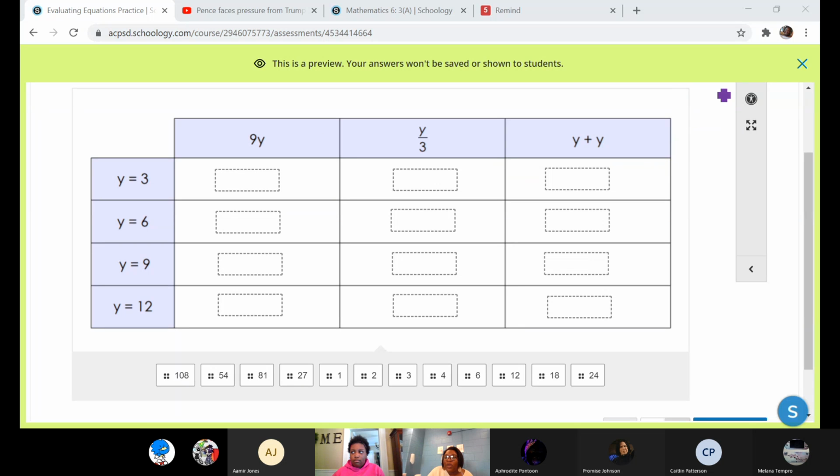If we substitute everywhere where we see a Y for the number 3, this is what that will look like. And can someone tell me what is 3 plus 3? 6. So the answer here would be 6. Here, we're substituting that Y for 3. So that's what that would look like. And what is 3 divided by 3?